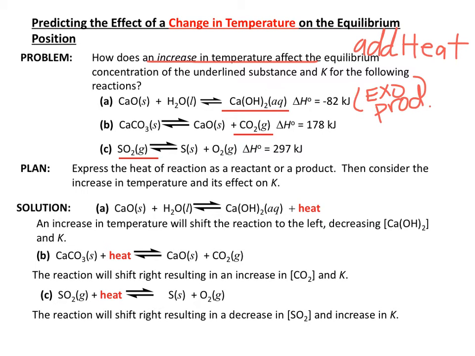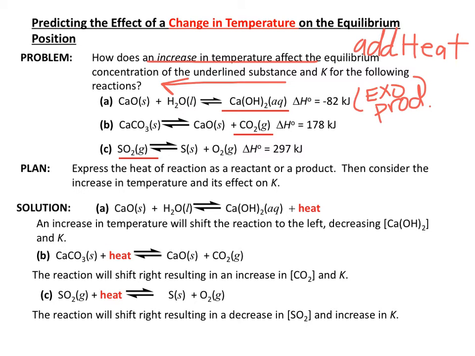If we add heat to this system, which is exothermic, that's like adding product, and the reaction is going to shift to the left. They ask us about what's happening to the concentration of calcium hydroxide as the system reestablishes equilibrium. Well, the system's going to shift to the left. That means calcium hydroxide concentration is going to decrease.